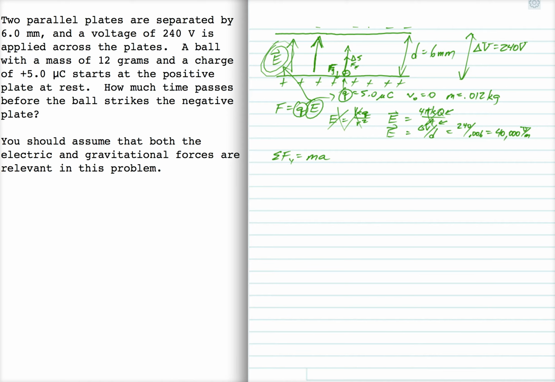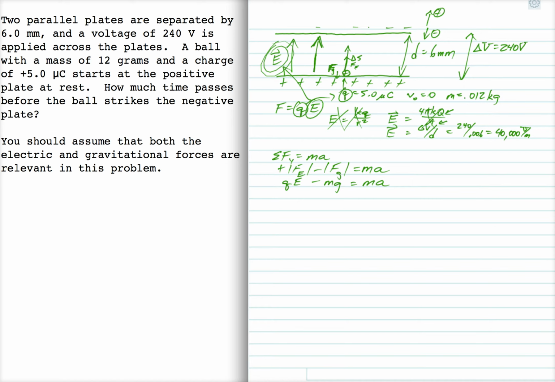If I make up positive, that's going to be my sign convention in this problem. Up is positive, down is negative. Then we've got plus the electric force minus gravity is equal to ma. The electric force is QE, gravitational force is mg.